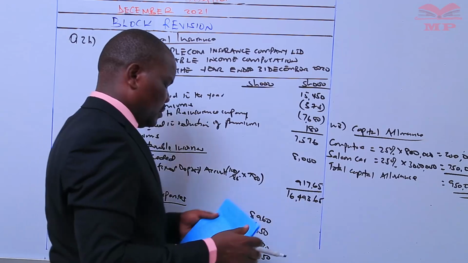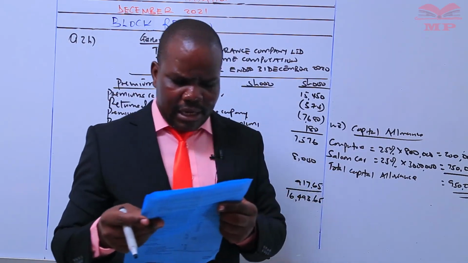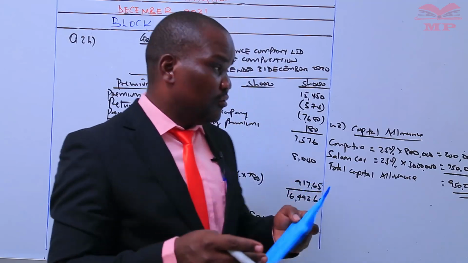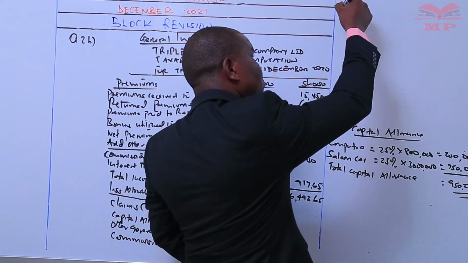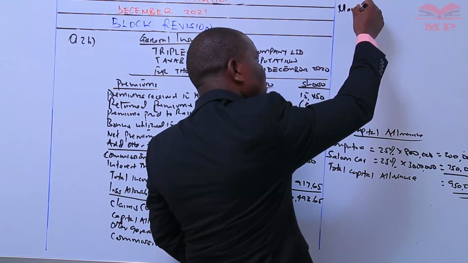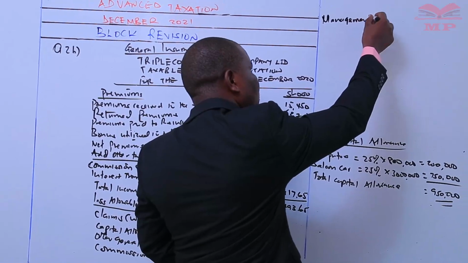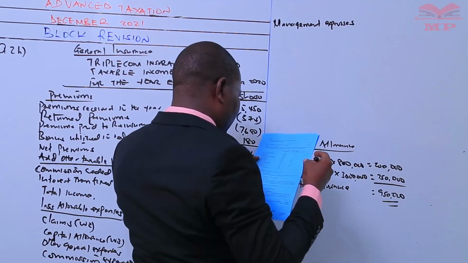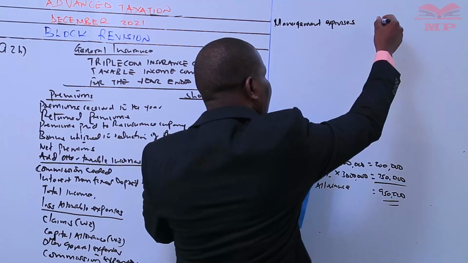Next we have management expenses, still allowable under general insurance, so we bring that here. Management expenses. The figure is 2,034,000.